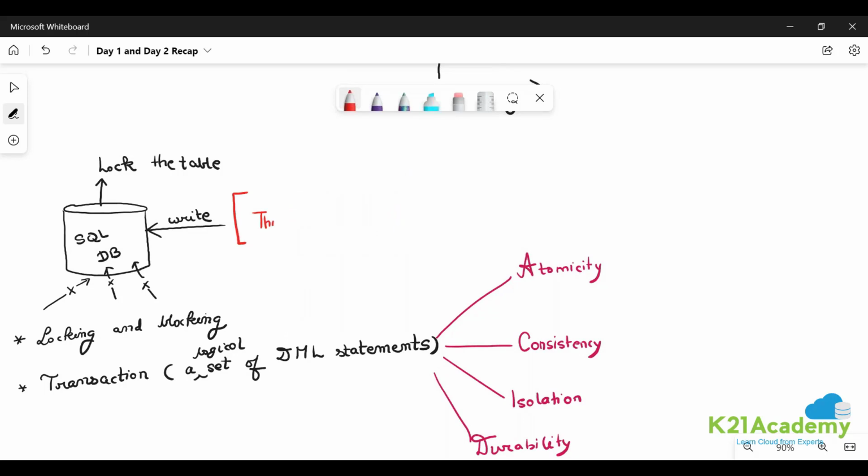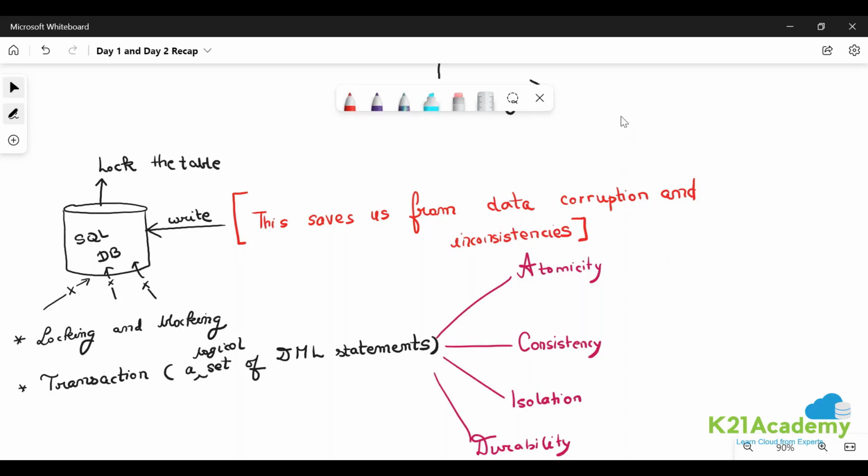This model saves us from corrupting the data, from data corruption and inconsistencies, correct? That's the thing.